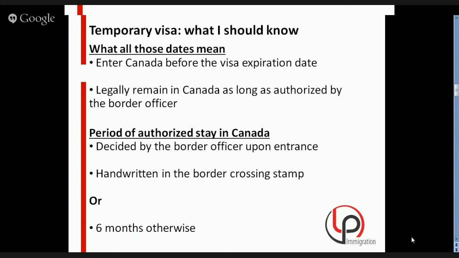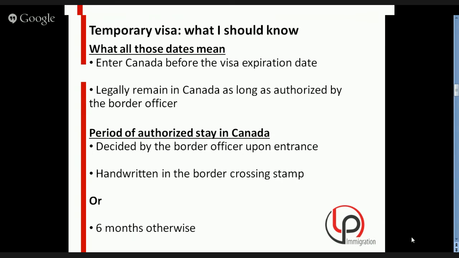That's the longest period of stay on the temporary resident visa from the date shown on the passport stamp. Today is the 6th of August 2015, and if you cross the border today and you just get a stamp on it without any annotations, it means that you can stay up to 6 months more from today's date. Pretty simple.